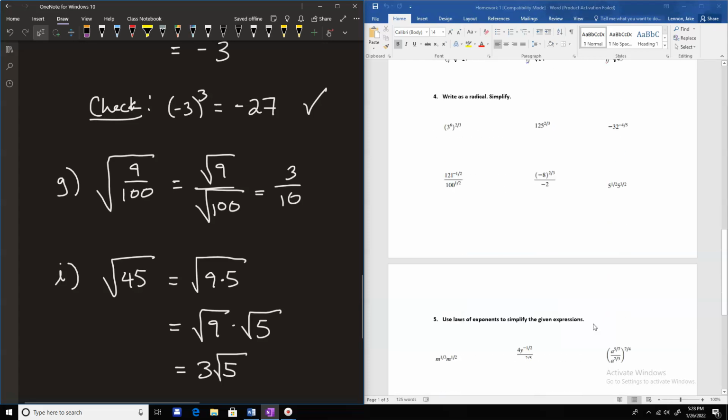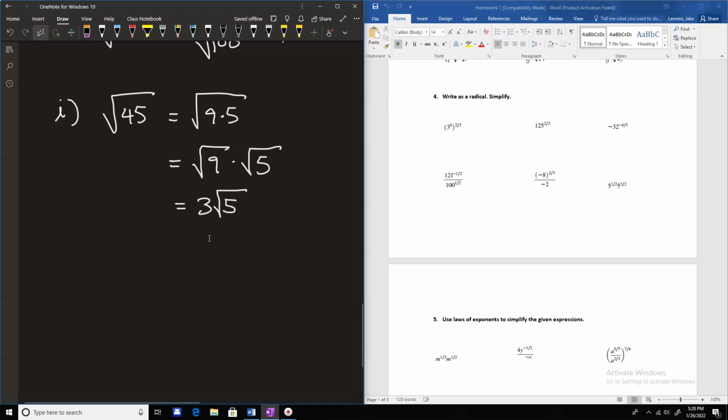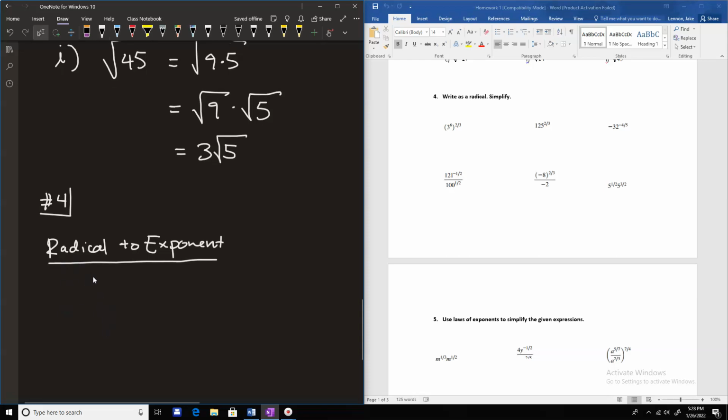Okay, number 4. We have basically the fundamental way to transform from, let's say, radicals to exponents. And it goes either way. So you can change any radical into an exponent, or you can change any exponent into a radical if it's a fraction.